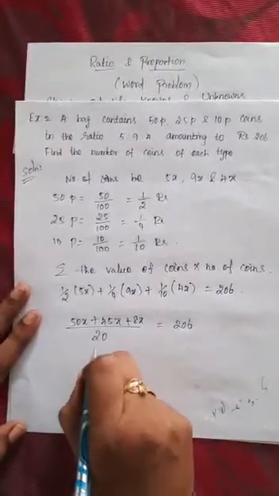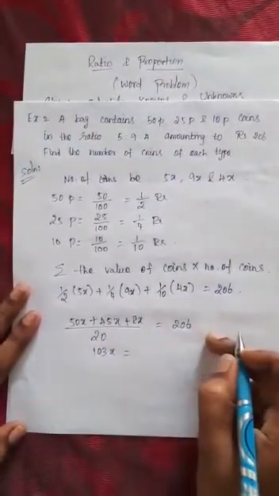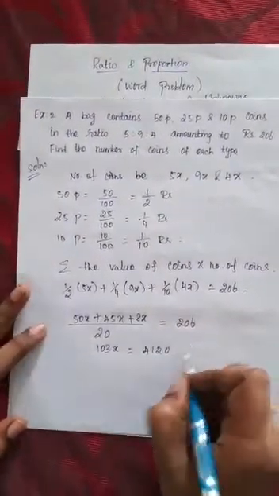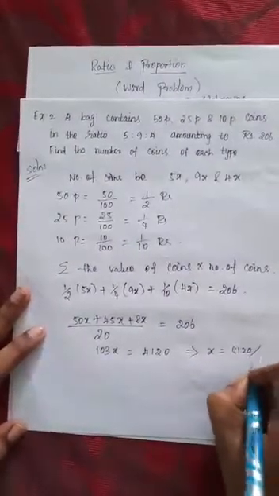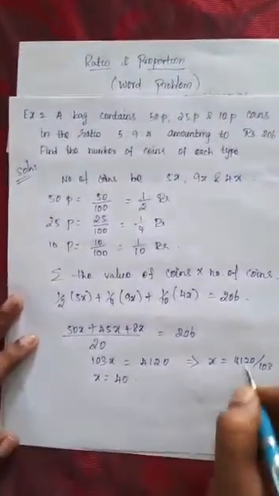Adding this, we get 103x is equal to 20 into 206, which is 4120. So x is equal to 4120 by 103, that is x is equal to 40.